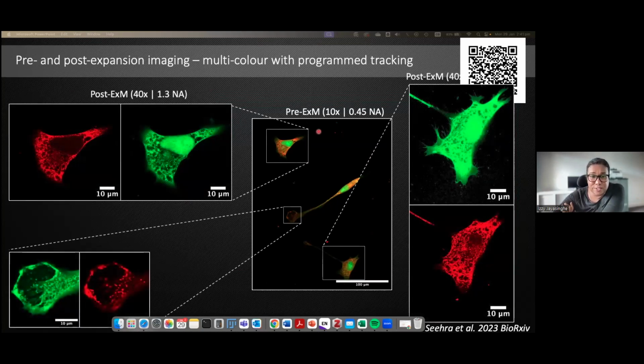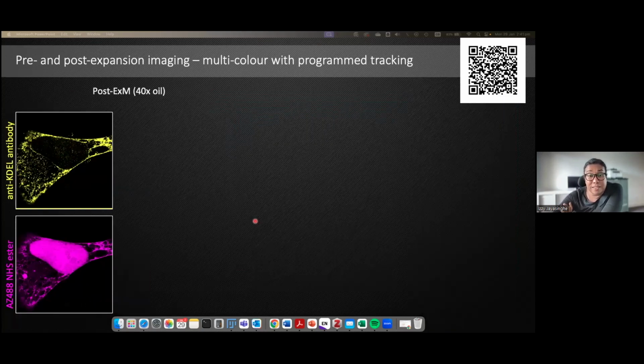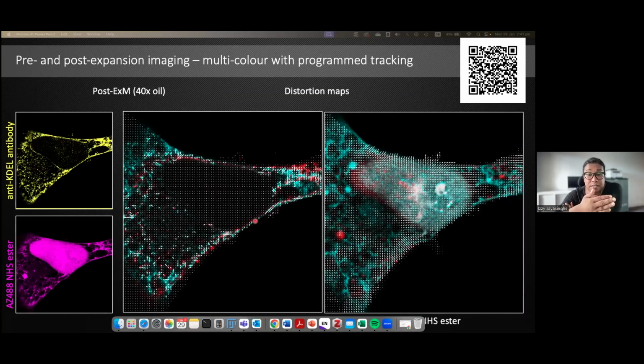with this method. So you can do pre-expansion imaging and then go back and acquire multicolor images. Using that, I mean, that's obviously where the interesting biology happens, comparing different channels. But from a distortion mapping point of view, those two channels can offer independent maps of distortion vectors.